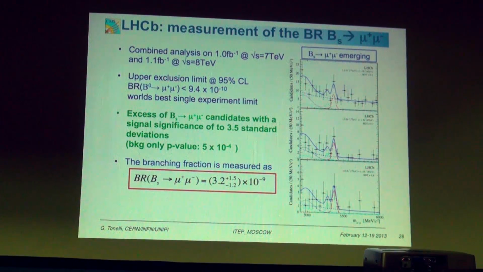The search was done by CMS, ATLAS, and LHCb, but LHCb was really the first one able to measure the branching ratio. We produced results last year with better and better limits, but this result that was presented last summer was really the first one measuring the branching ratio, still with big errors.